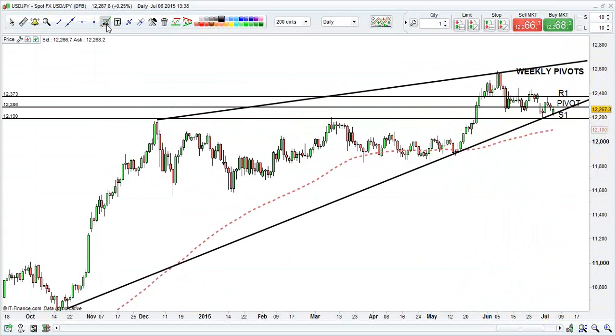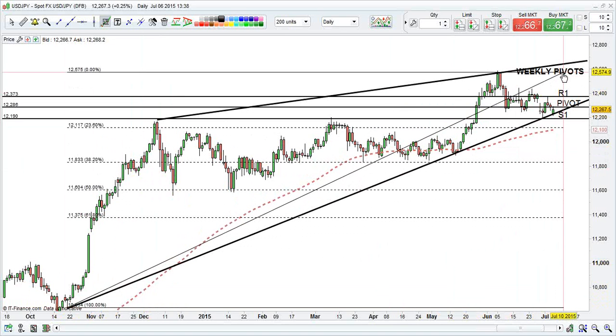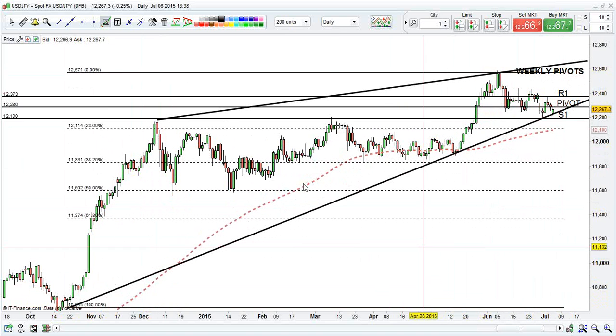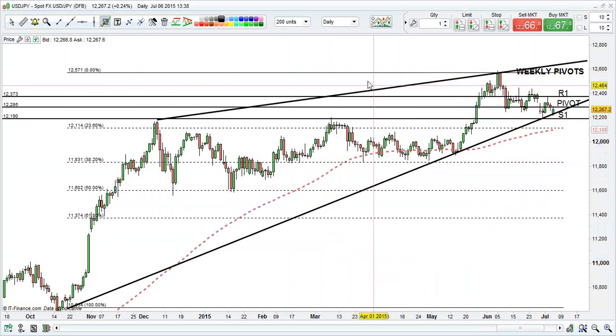We can click it on there and bring it down to the bottom here and place it up at the top of our chart here. As we said before, to get your exact figure, you calculate it's 12,585.